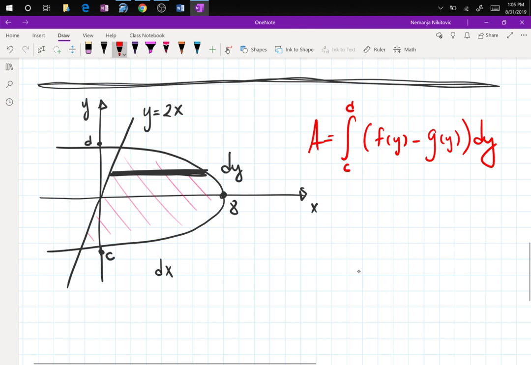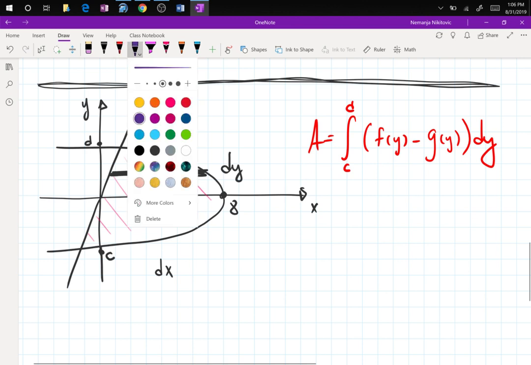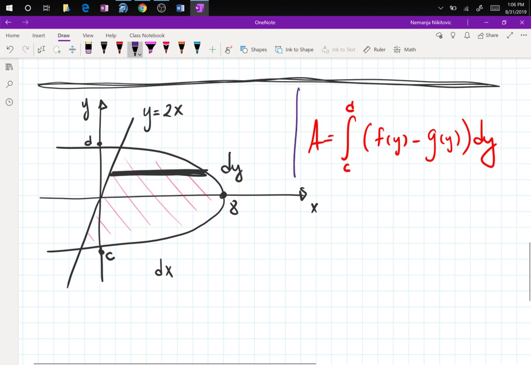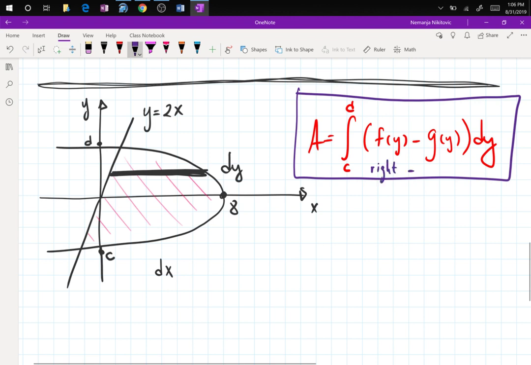So everything in respect to x or everything in respect to y. No mixtures. That's for Calc 3, okay? One or the other. So this would be your sideways. It's the same formula, it's just sideways. Students like to remember this as right minus left.